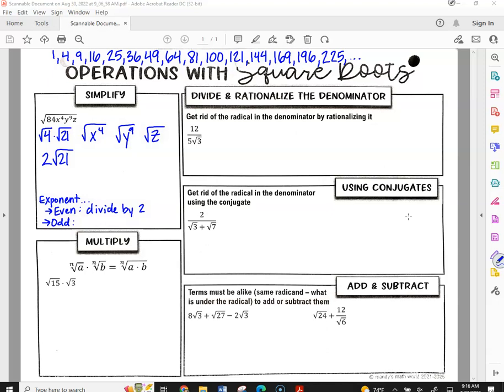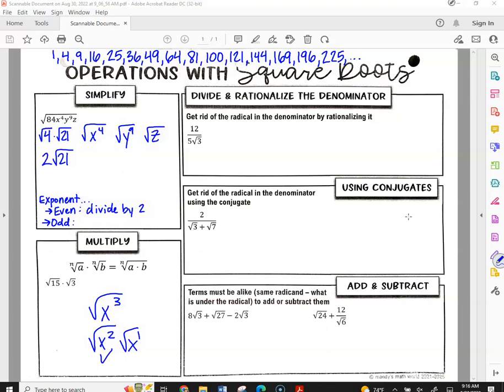So if the exponent's odd, I want you to think about saying to yourself, okay, so what's the even number? The closest even number would be x squared, and that leaves 1 behind, right? That one you'll be able to take the square root of, and that one will just stay under.